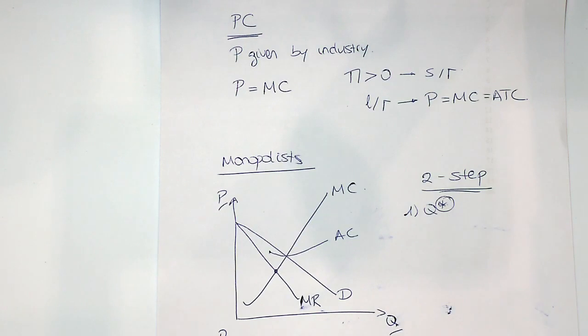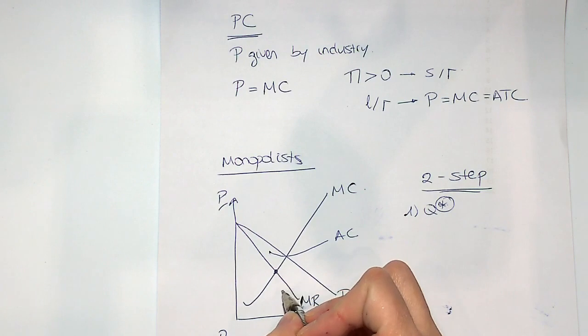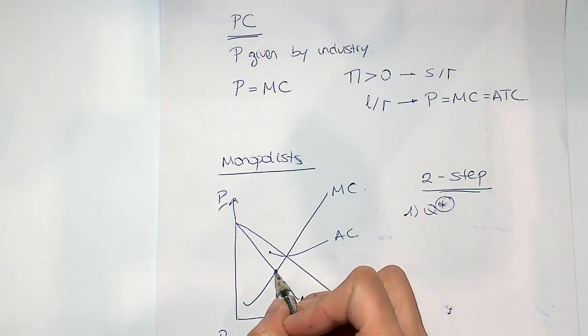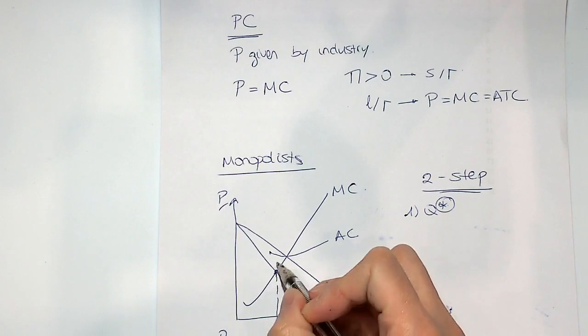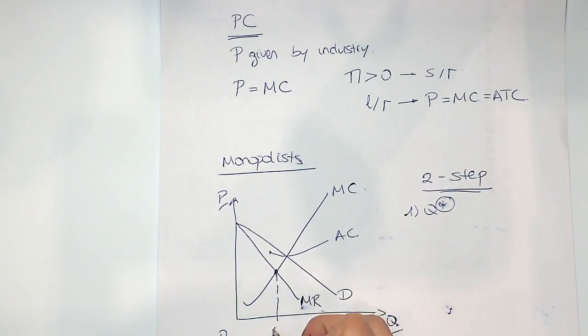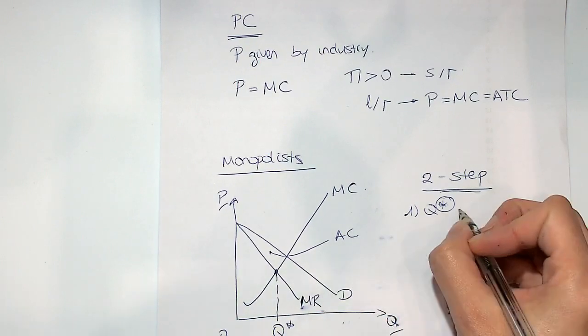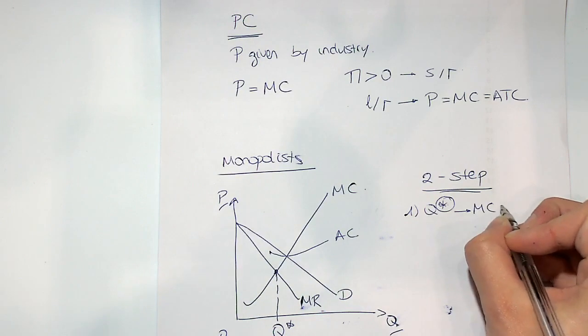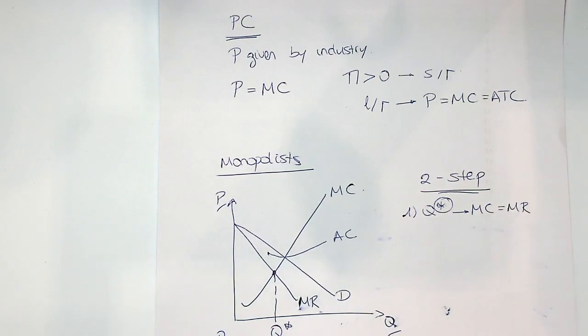They will calculate it where marginal cost, the cost of the last unit produced, equals the revenue of the last unit, which is exactly here, where marginal cost equals marginal revenue. So that will be your Q star.